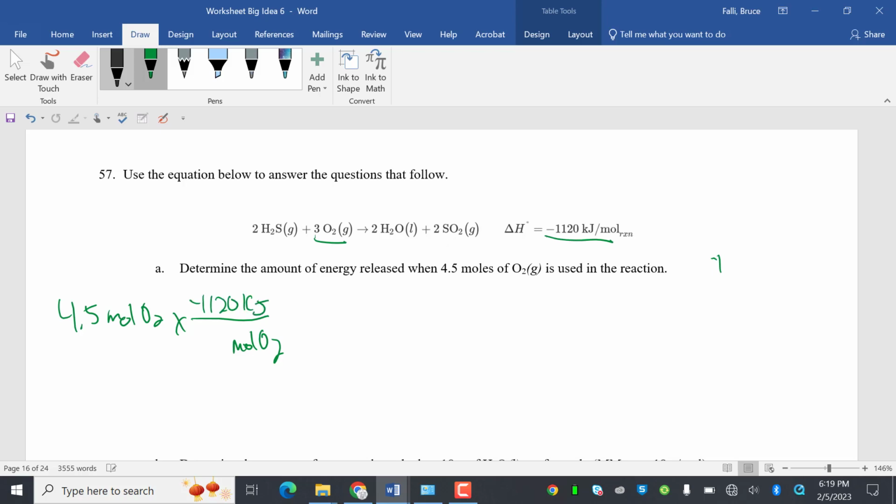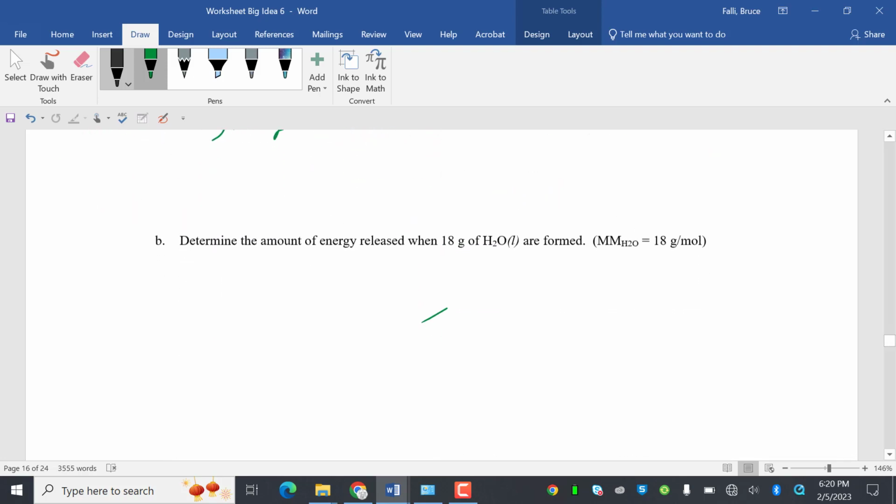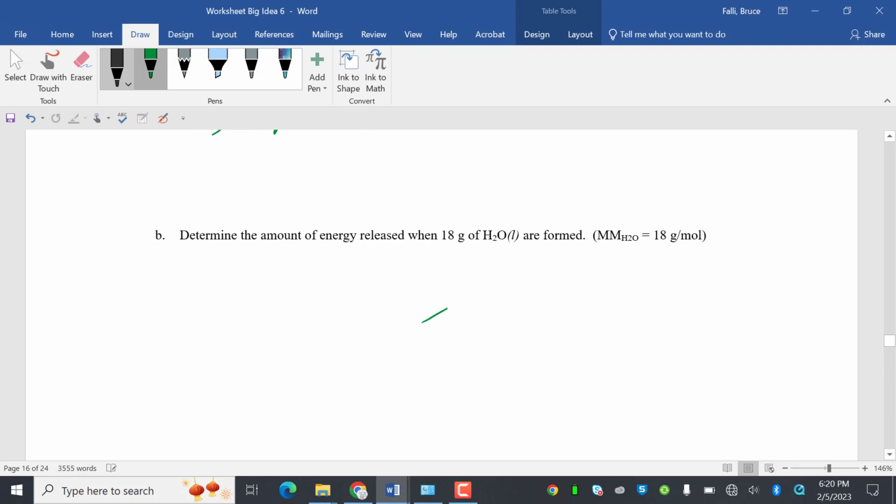Remember, this would mean plus 1120 kilojoules, and kilojoules are just like moles, coefficients right there. So 4.5 times negative 1120 divided by 3. Now notice it says how much energy is released, so I really don't need the negative sign here. So it's 1680 kilojoules.